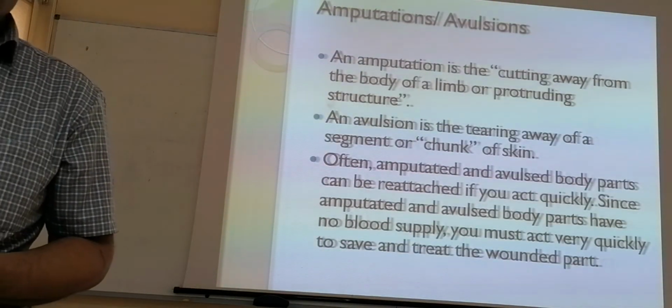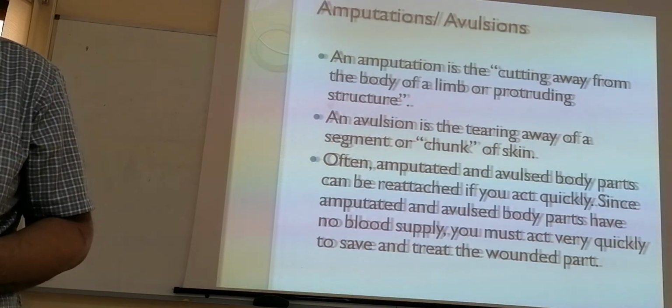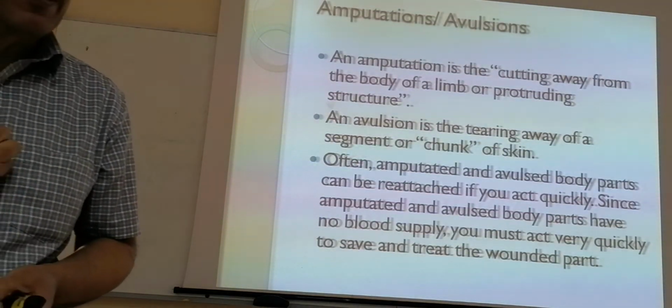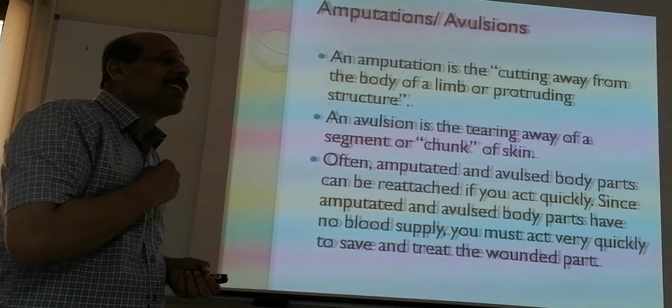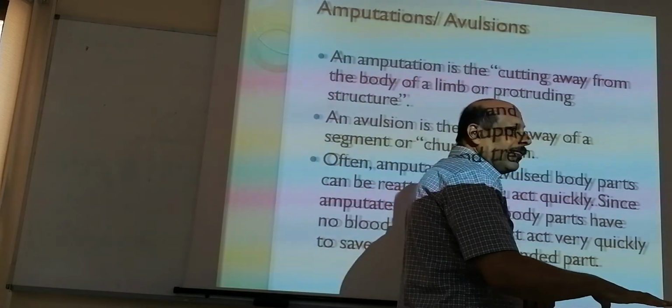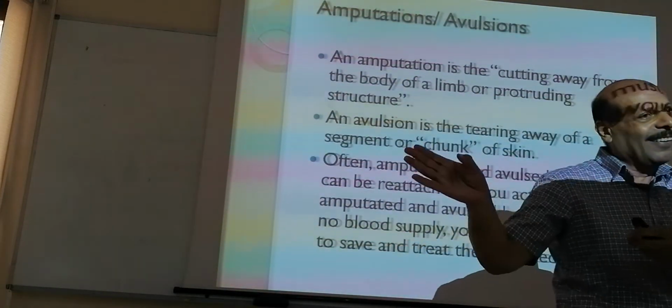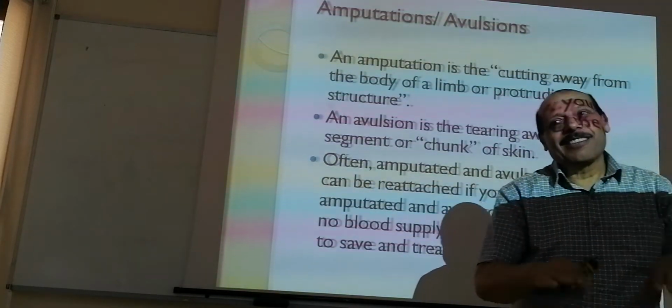How will we minimize the metabolism? When it is cold, the metabolism and the need for oxygen will be less. So how will we put the ice? Can we put the ice directly over it? Like when we buy fish or meat from the market, we put the ice over it directly.